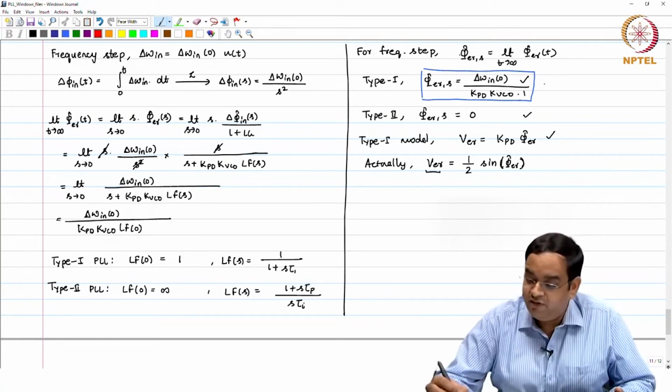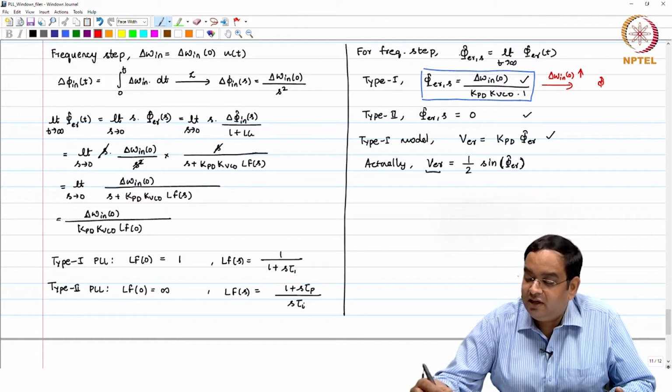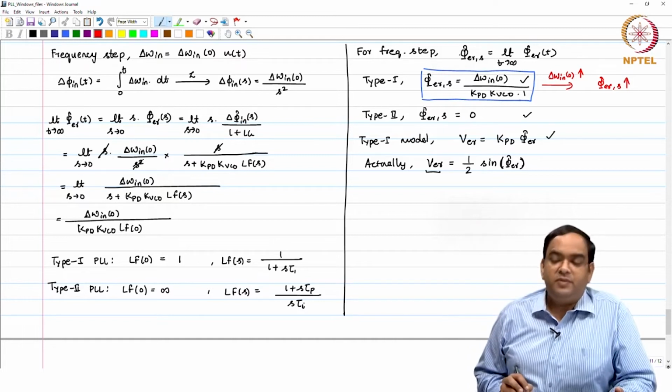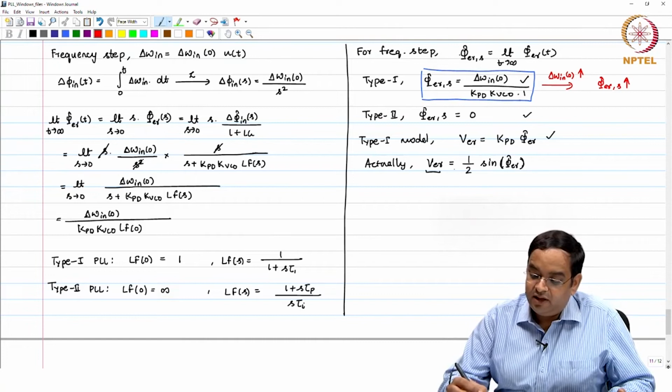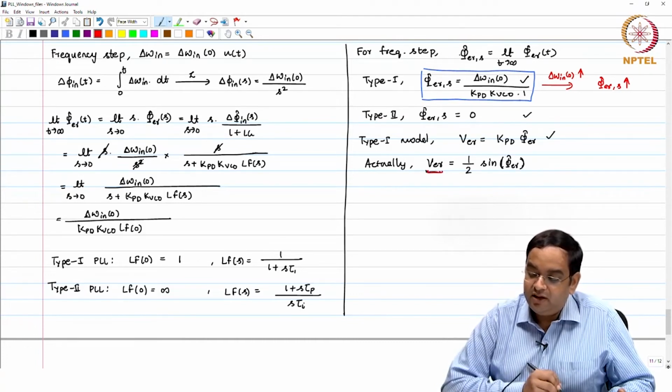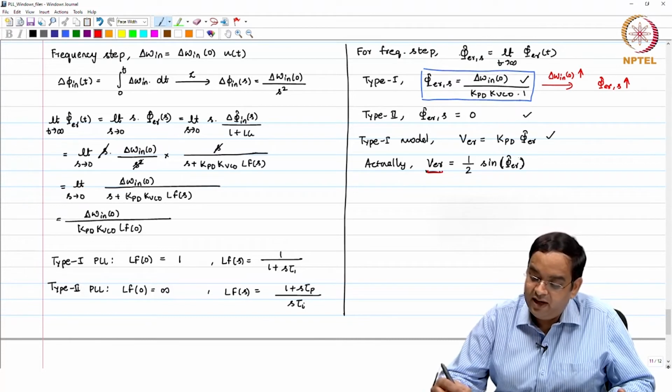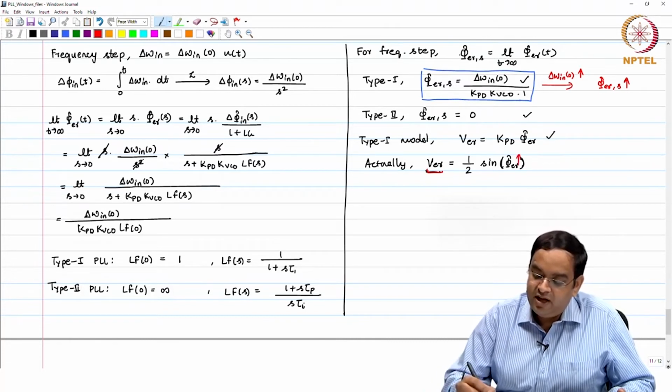Okay. Here, if delta omega in 0 is large, phi error will also be large. If I increase this, phi error will increase, and it appears that your PLL will always remain in lock. Whereas actually what you see is, even if phi error increases, your V error is bounded.